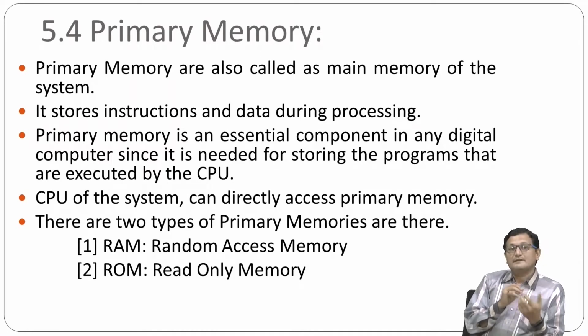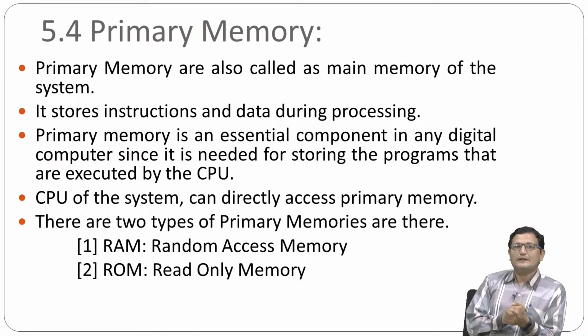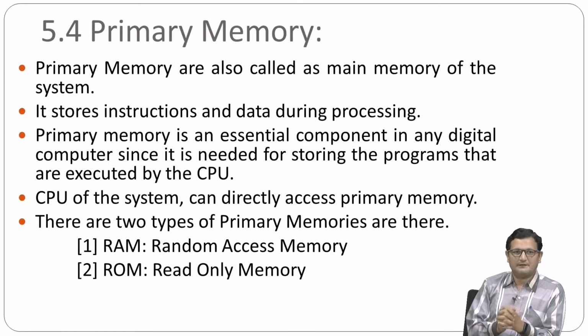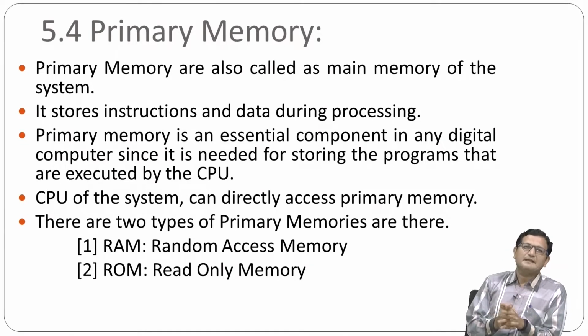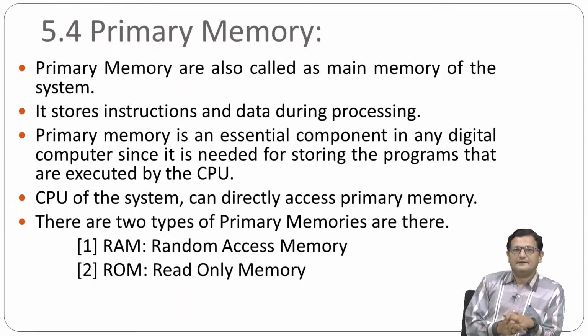Another thing, it stores instructions and data during processing. When you are executing any program, obviously it gets copied from secondary memory to primary memory. Primary memory is an essential component in any digital computer, since it is needed for storing the programs that are executed by the CPU.